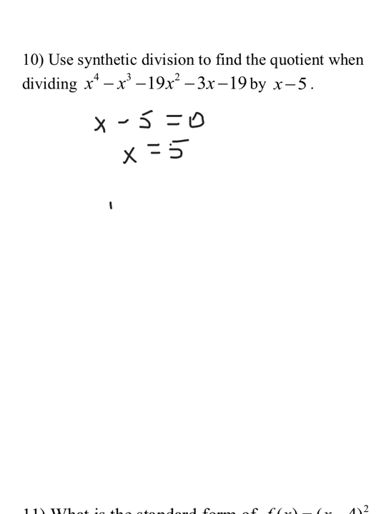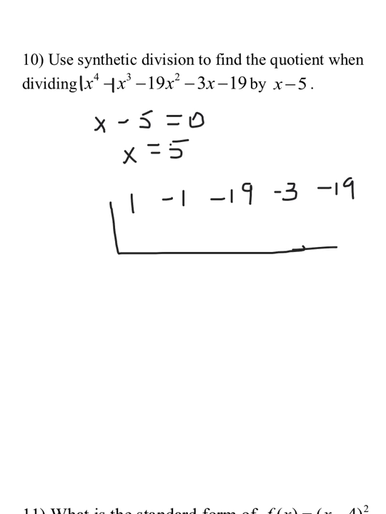We're then going to create a box. And in the top row of our box, we're going to put all of the coefficients that are in front of our x's. So this first coefficient is 1, and then we have a negative 1, and then a negative 19, a negative 3, and another negative 19. Now you should recognize this problem too, because this is the same problem we had on the last review.